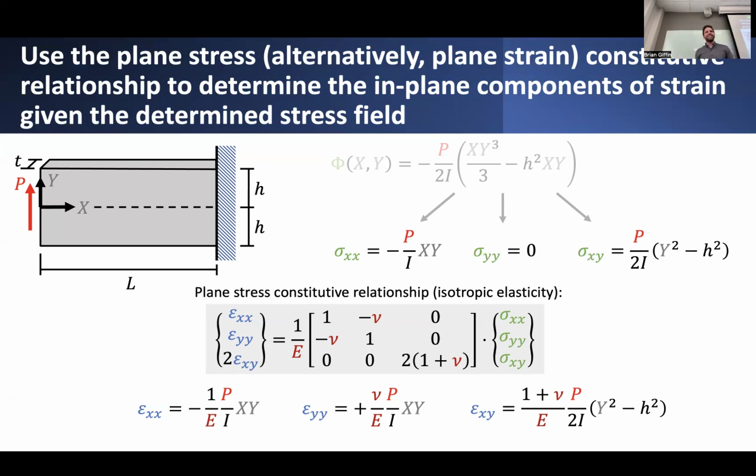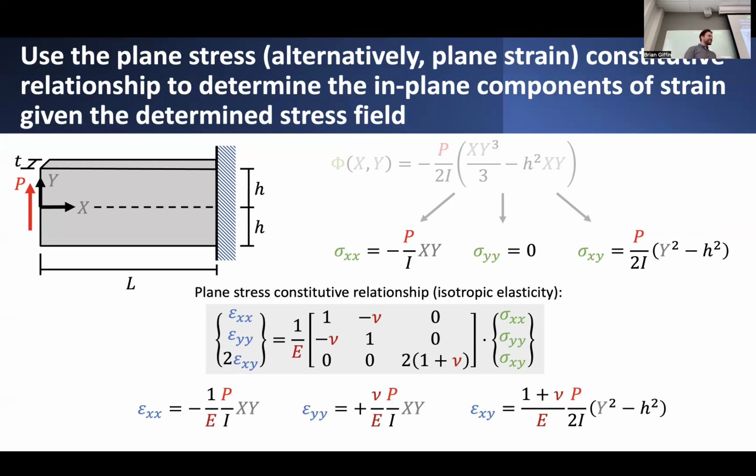And what this really implies is that it depends on what the Poisson's ratio of the material is. Poisson's ratio implies that if you stretch some piece of material longitudinally, it'll contract laterally. So what this expression for the transverse strain epsilon YY is saying is that if I have some Poisson's ratio that's non-zero, when I pull on the material, it will contract laterally inward, or if I push on it, it'll expand out laterally.